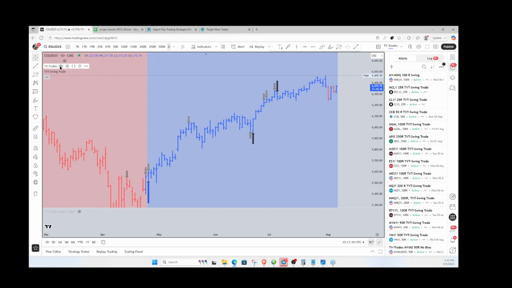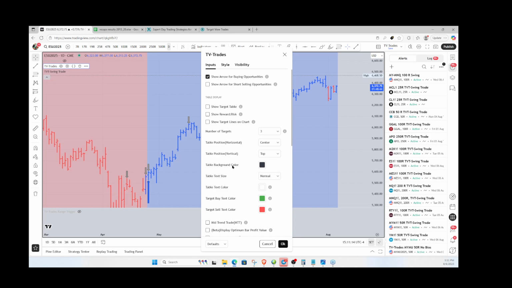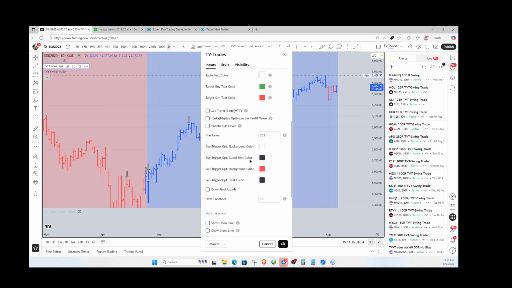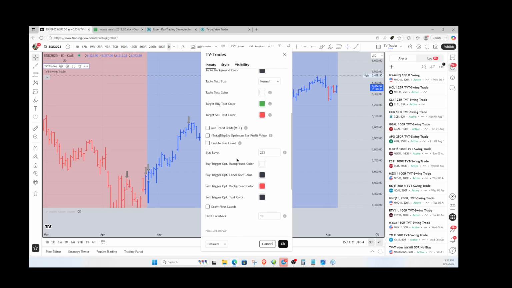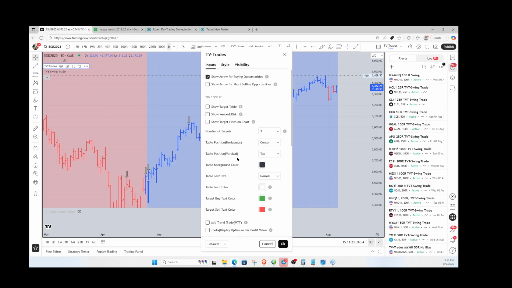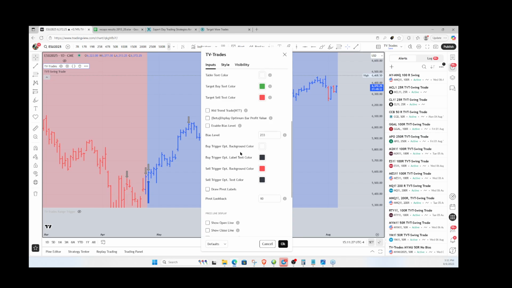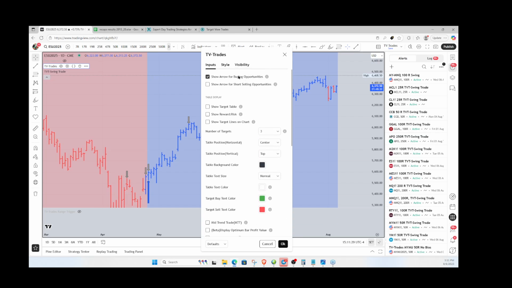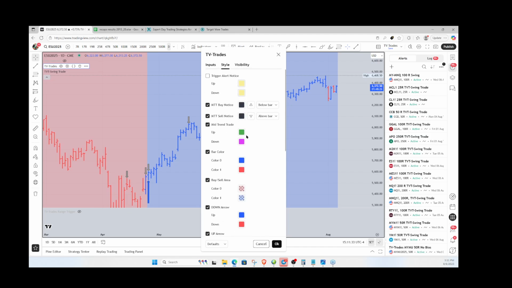If you put the TV trades on like this, and put this on, and this, and hang on, I gotta find the right spot for this. Did I remove it? I must have removed it. Did I stick it on this side?